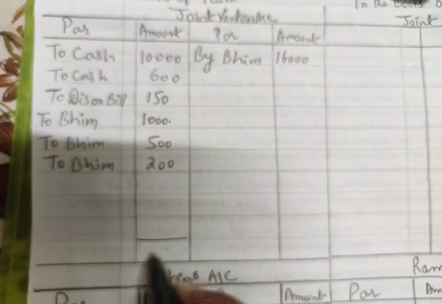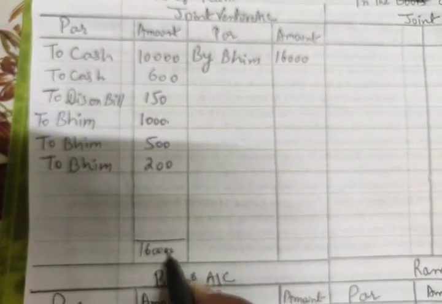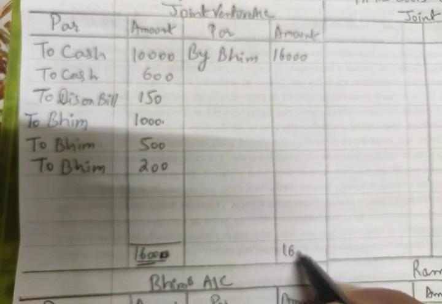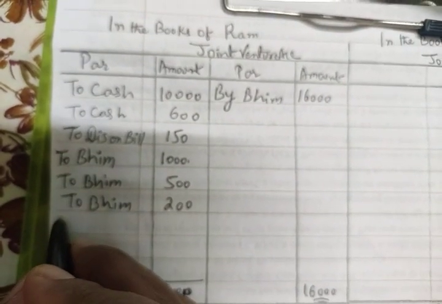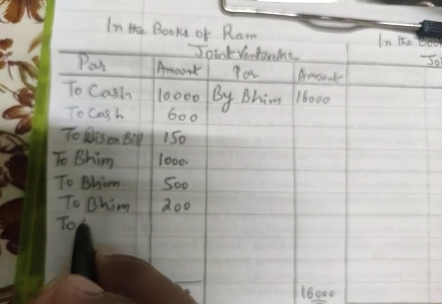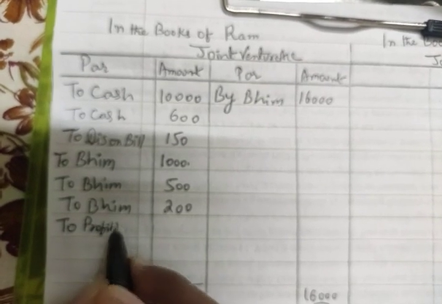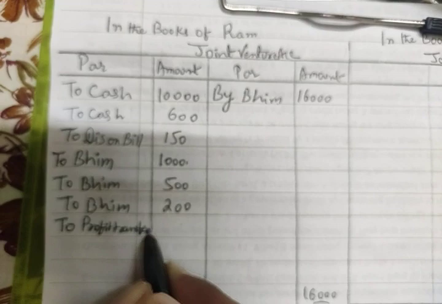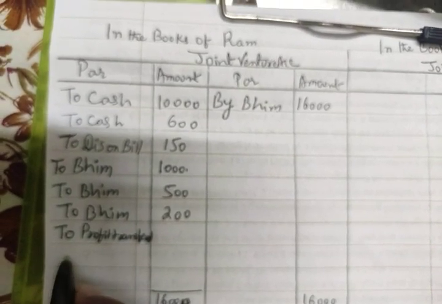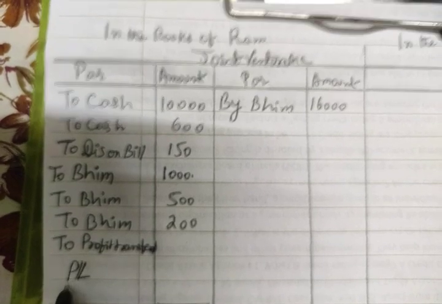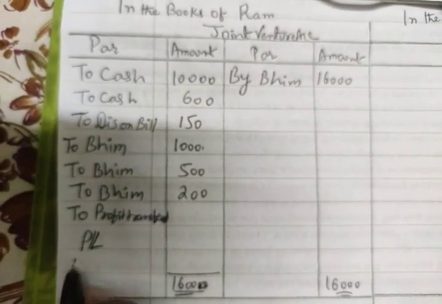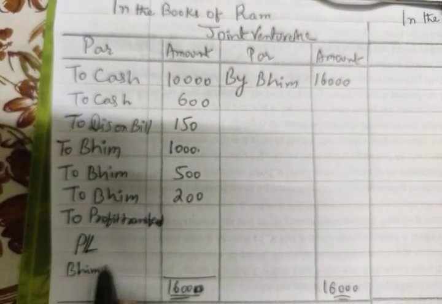So I'll do the total. The total we are going to get on both sides is 16,000. Fine, and this is the case of profit, so we'll make the entry for profit transferred, where one will go to the profit and loss account of Ram and one to Bhim's account.